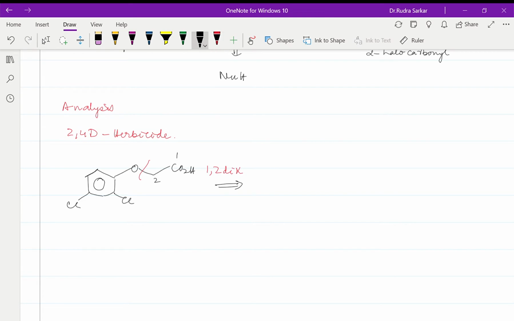Okay, and so basically we have this type of a derivatized phenoxide ion. So what is the synthon? We will say Cl CH2.